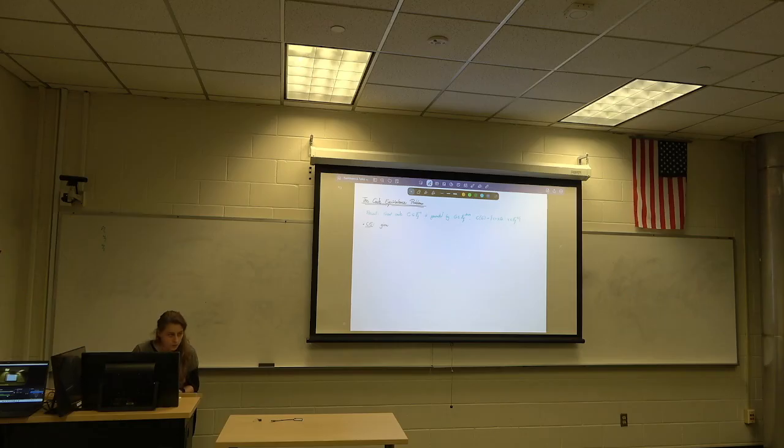Given two linear codes, which are given by their description, the generator matrices, so G1 and G2, determine if they're equivalent. So I'm going to use the squiggly equals as a shorthand for this.